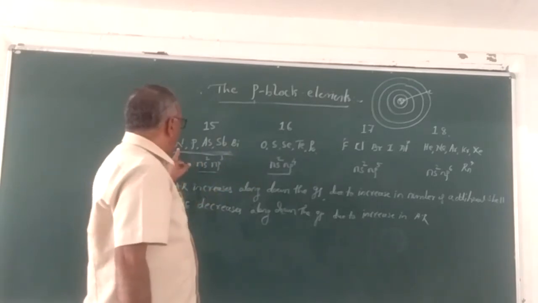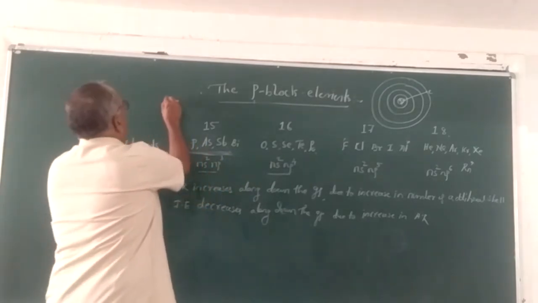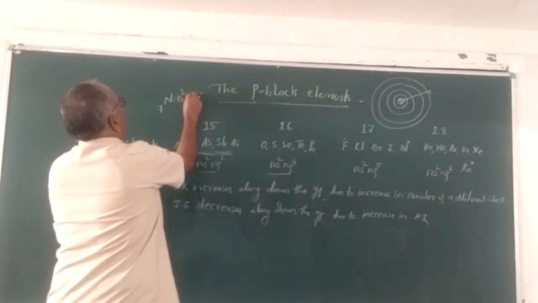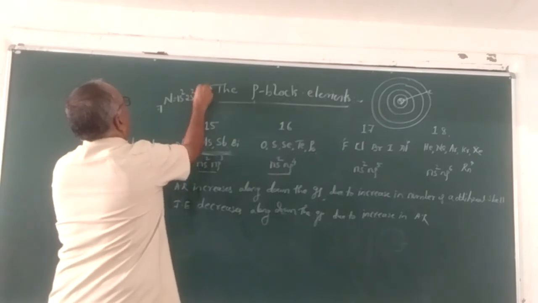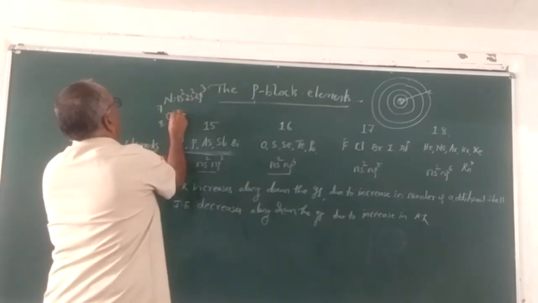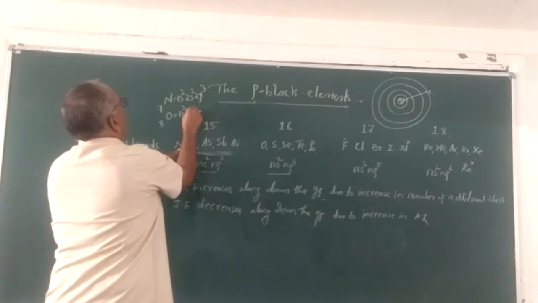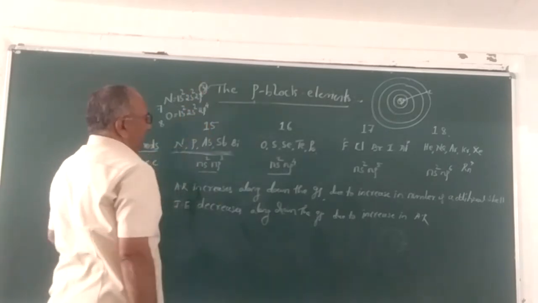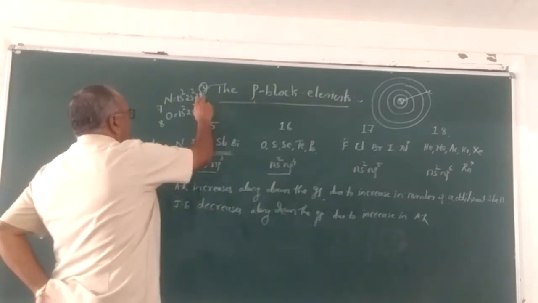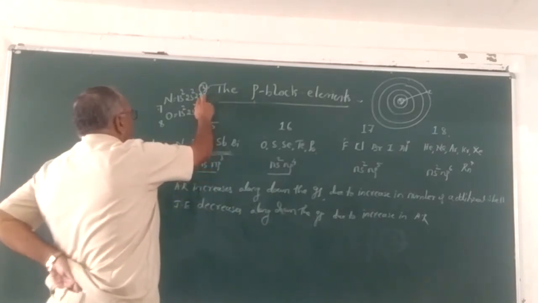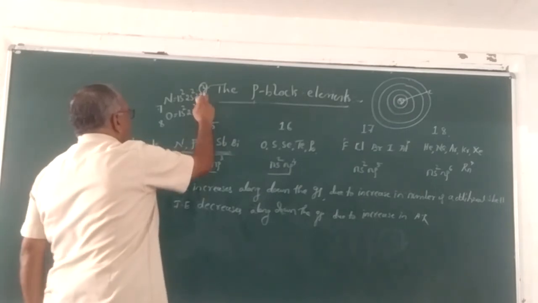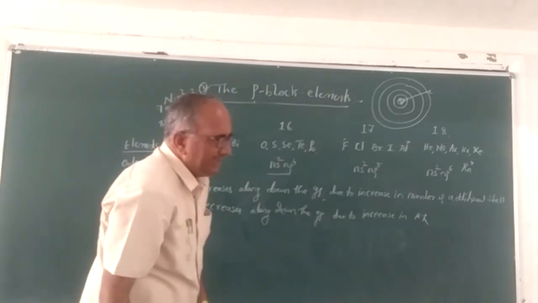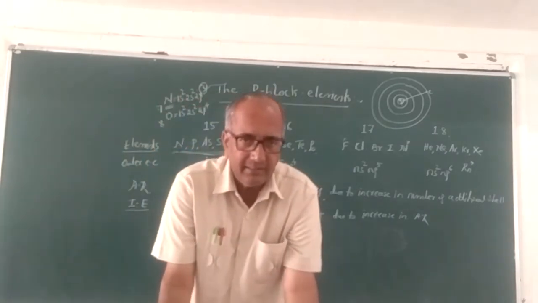If you take nitrogen, see the electronic configuration of nitrogen, that is 1s2, 2s2, 2p3, and observe oxygen, 1s2, 2s2, 2p4. So this is a half-filled p orbital. Therefore, it requires more energy to remove the electron from the valence shell of the p orbital than this one. Therefore, nitrogen has higher ionization enthalpy than oxygen.